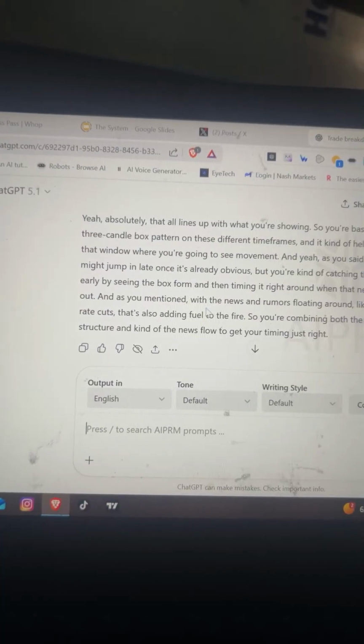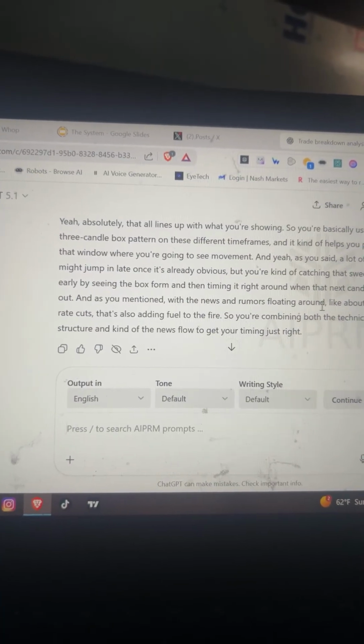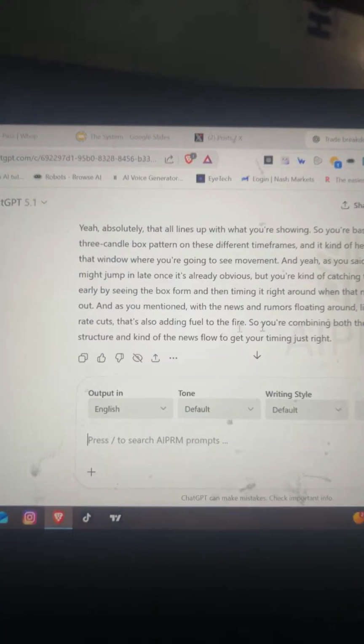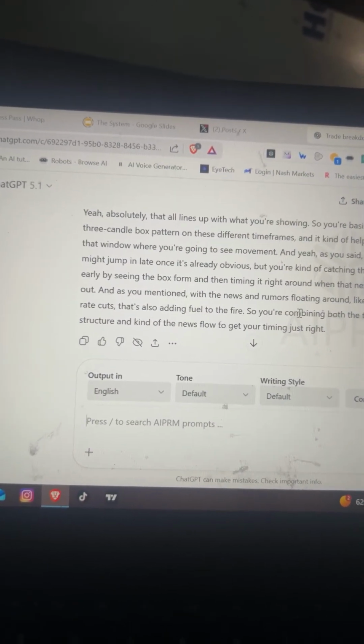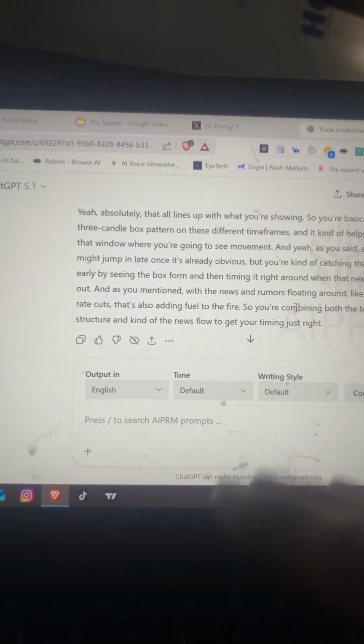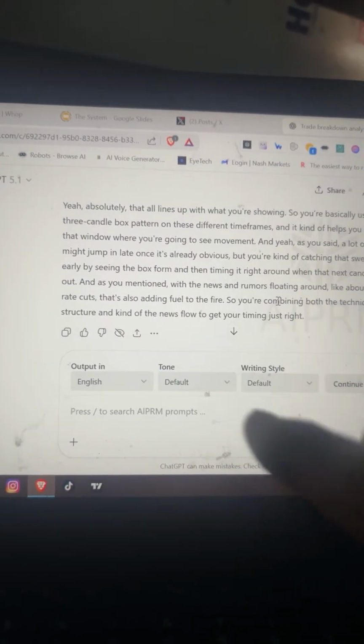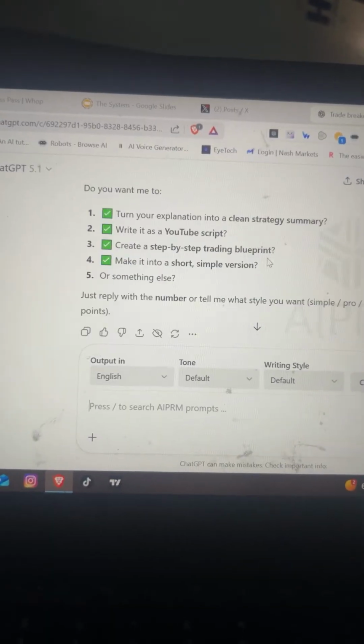And as you mentioned, with the news and rumors floating around, like about possible rate cuts, that's also adding fuel to the fire. So you're combining both technical structure and kind of news flow to get your timing just right.